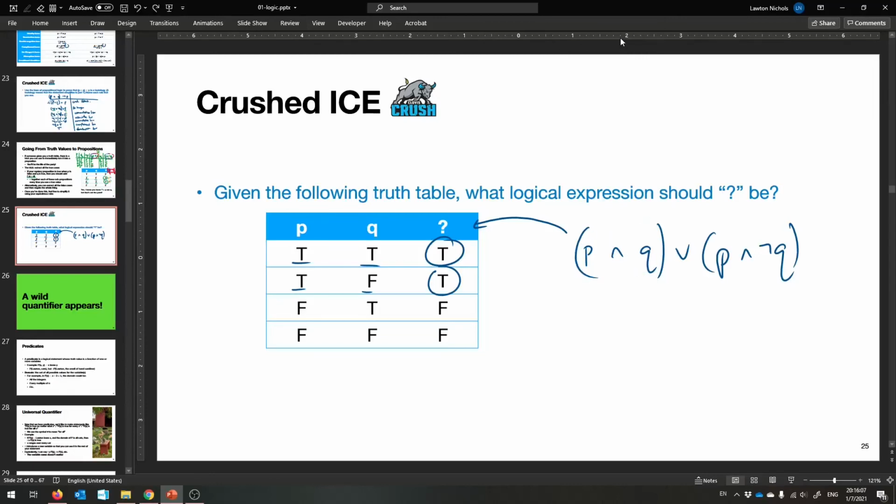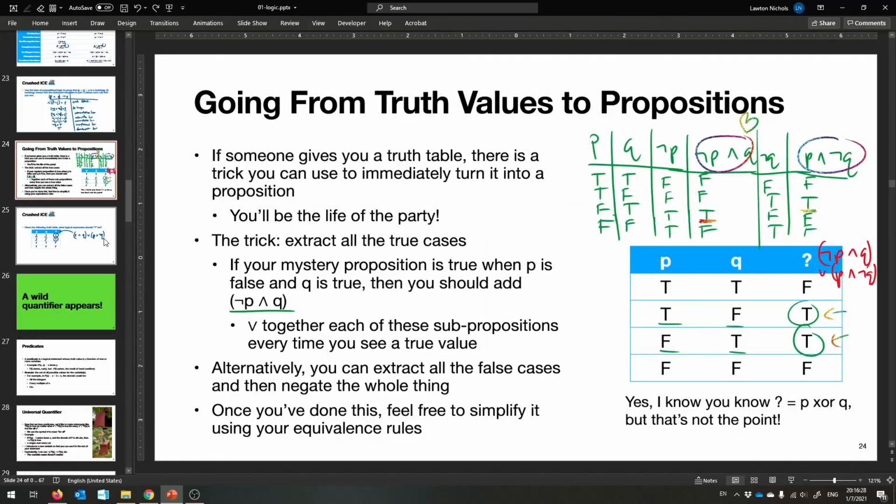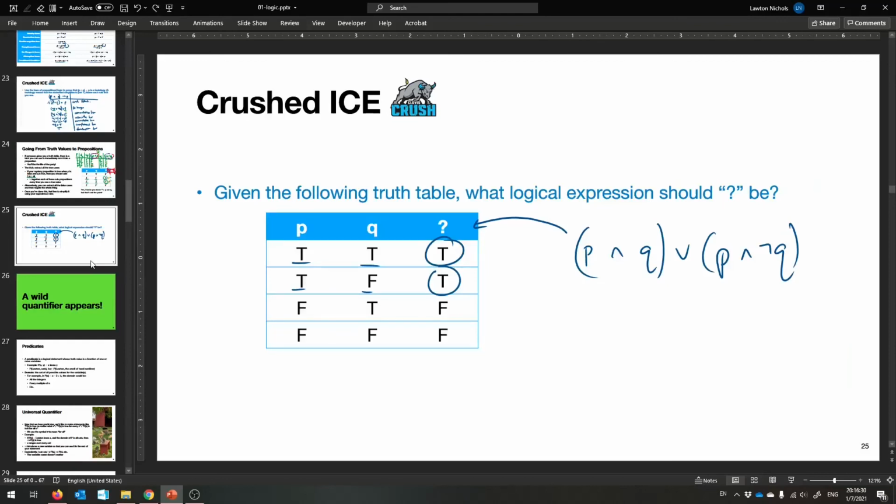And then again, this is negating the truth, so darn, we get false here as well. And so likewise for this one, and this is the answer. So again, there's probably a more simplified form, but this is a good one. Okay, so that is going from truth values to propositions. It's a useful thing to know. So we've had propositions now.